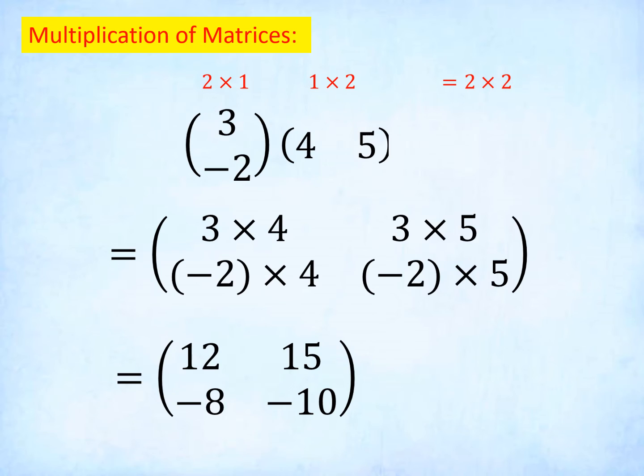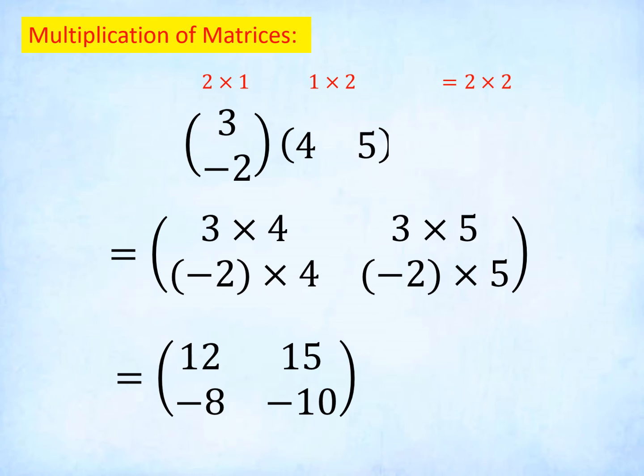Now let us have another one, multiplying a 2 by 1 times 1 by 2. The order of the product is equal to 2 by 2. In here, we are going to multiply 3, negative 2 by 4, 5. So we shall have a 2 by 2 matrix.